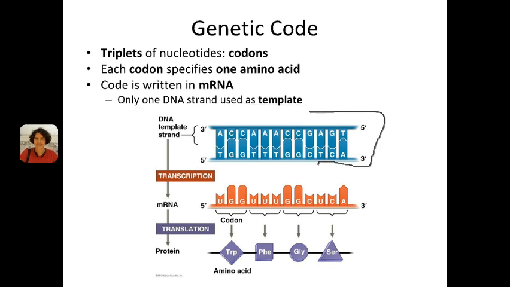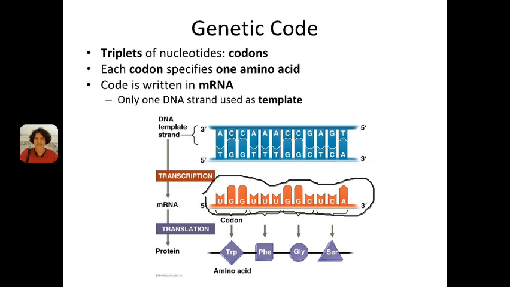In this case, the template is the upper strand, and you're going to generate an RNA strand that is complementary to that upper strand, and that is going to be identical to the lower strand, except for the fact that wherever there is a T in the DNA, in the RNA you're going to have a U. But otherwise, these two strands have an identical sequence, and they also have the same orientation, with the 5' end on the left and a 3' end on the right.